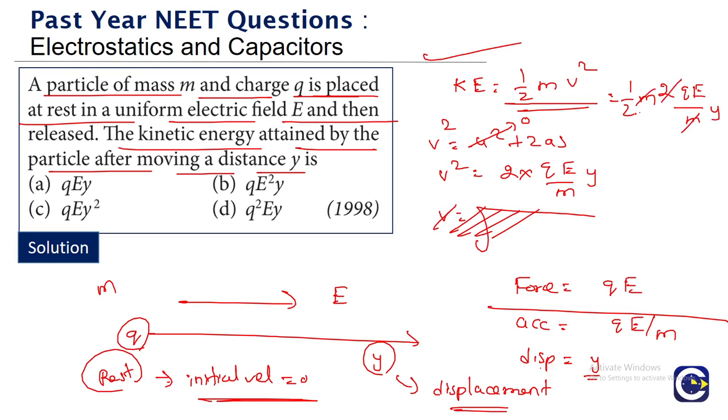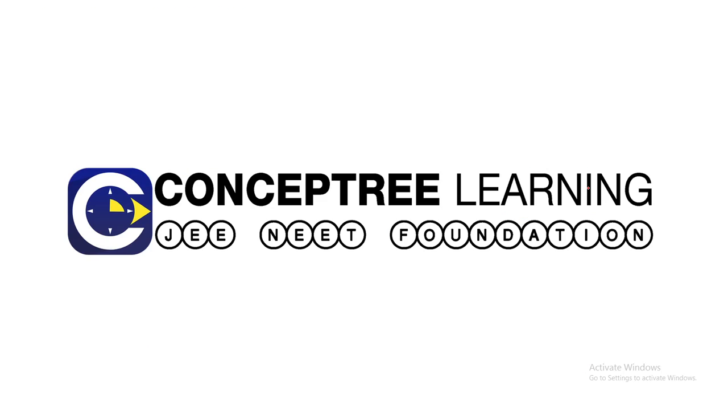Here m cancels and 2 cancels, giving qEy. This is the kinetic energy. Using the kinematics equation we got the square of the final velocity, which is what the half m v square formula needs. So the correct answer is option A. This is about this part of the video, and we'll see the next part later.